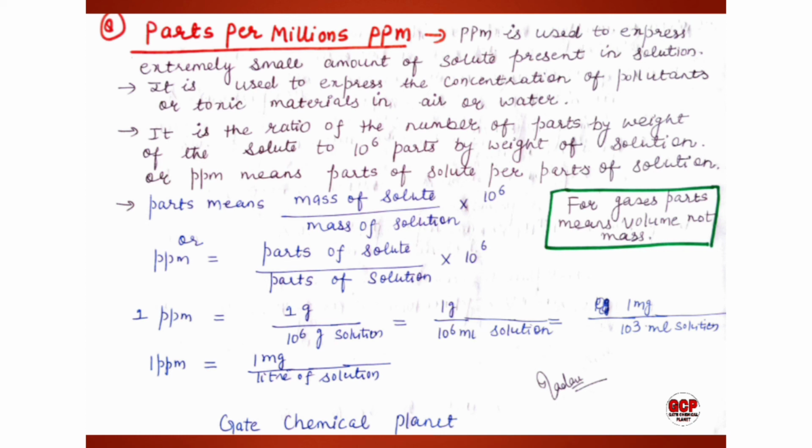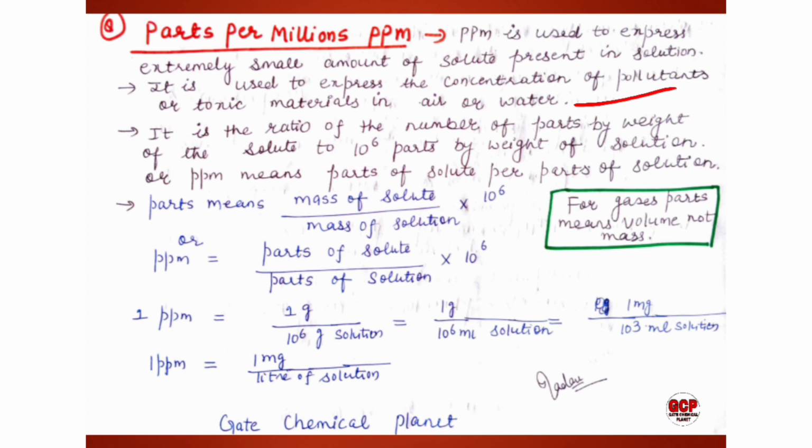It is also used to express the concentration of pollutants or toxic material in air or water. So we can say that it is the ratio of the number of parts by weight of the solute to 10 to the power 6 parts by weight of solution, or we can say ppm means parts of solute per parts of solution.